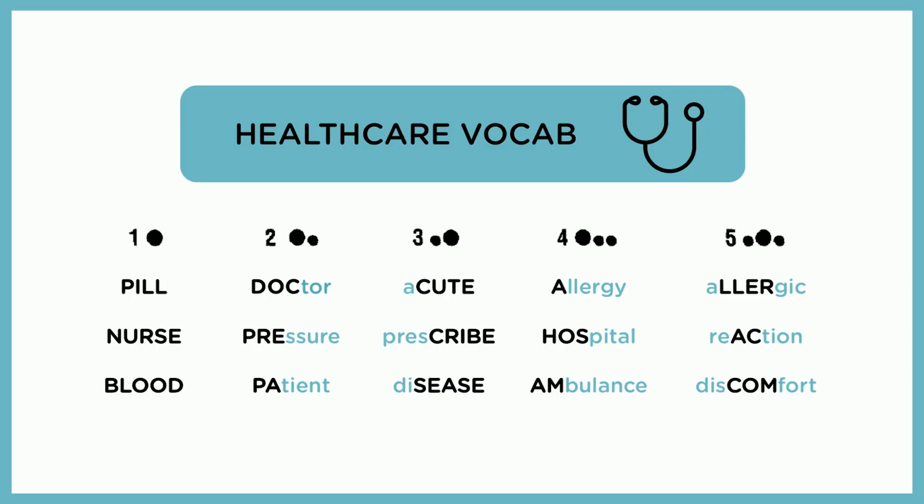Terrific. So just to have a slightly different topic, let's look at some healthcare vocab. So here we've got different columns. On the left, we've got one-syllable words. So here, because it's just one syllable, the stress is even. It's pill, nurse, blood. But when there are two or more syllables, we follow different patterns. So let's look at column 2.